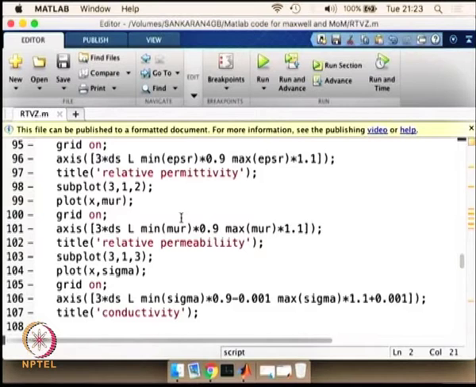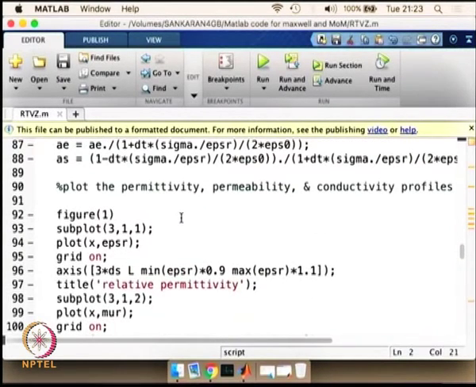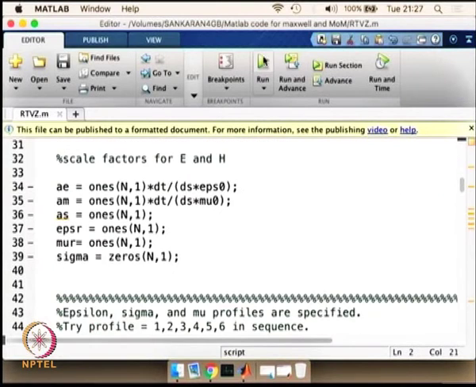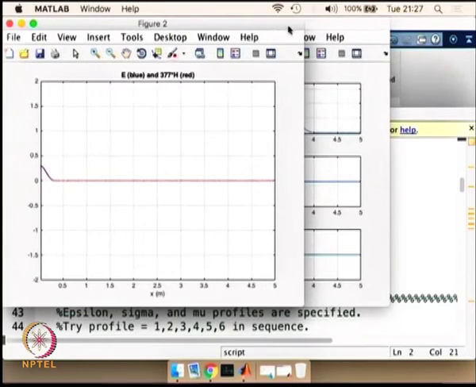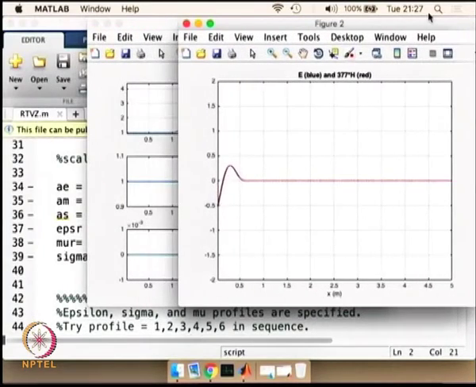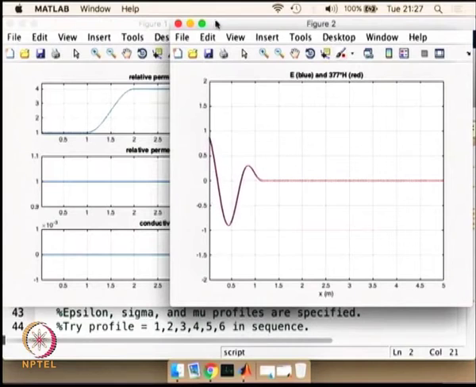So basically, looking at those various parameters, we can simulate this problem. So let us start the simulation. So what we are going to see is two things. On figure 2 we are going to see the way the wave is going to propagate.